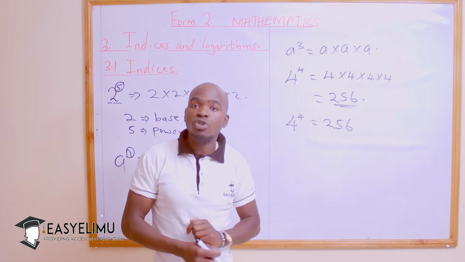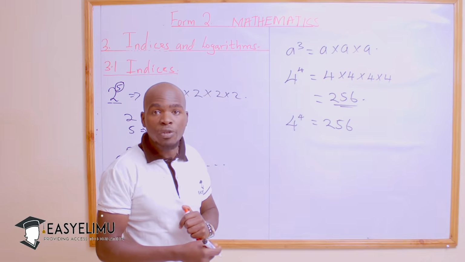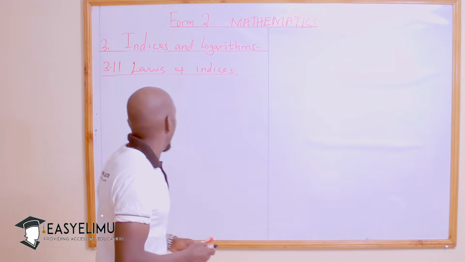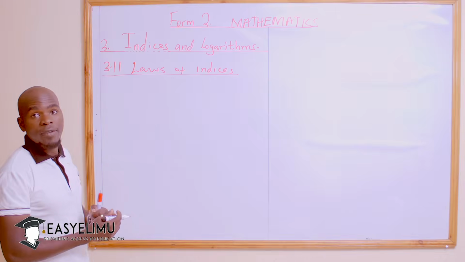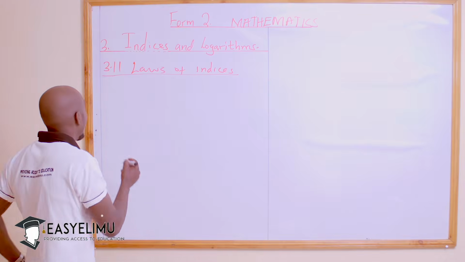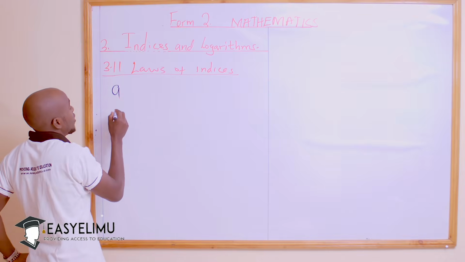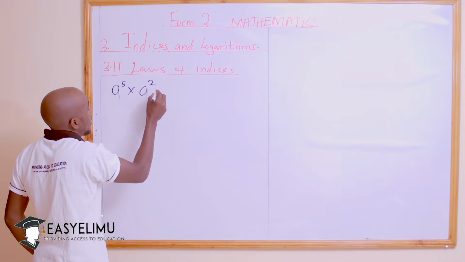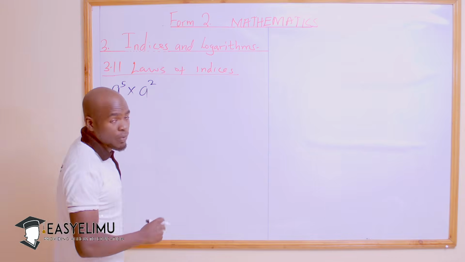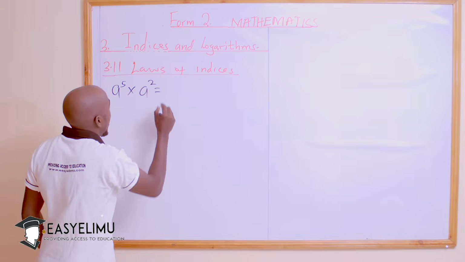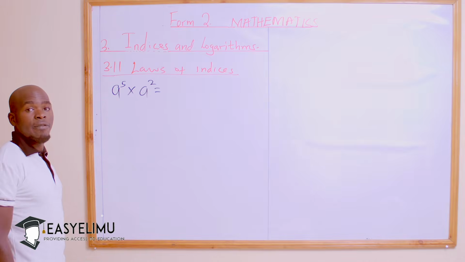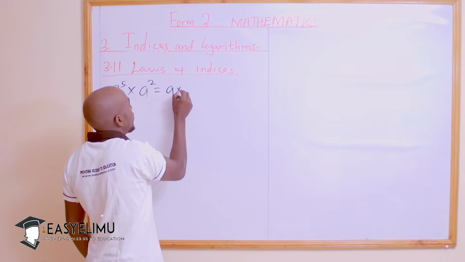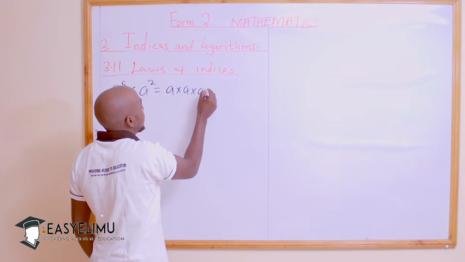Next, we are going to see the laws of indices. Under laws of indices, we shall consider several kinds of numbers. For example, let's consider the following: a raised to 5 multiplied by a squared. Here, you will identify that the first one will be a multiplied by a 5 times.